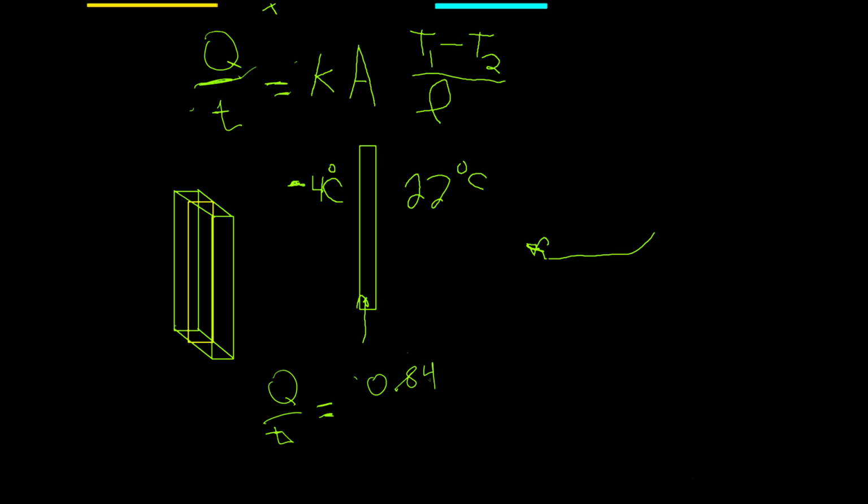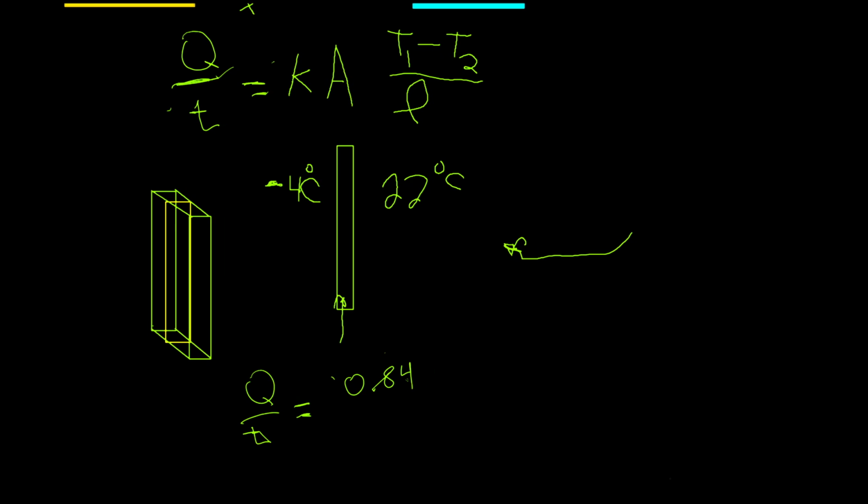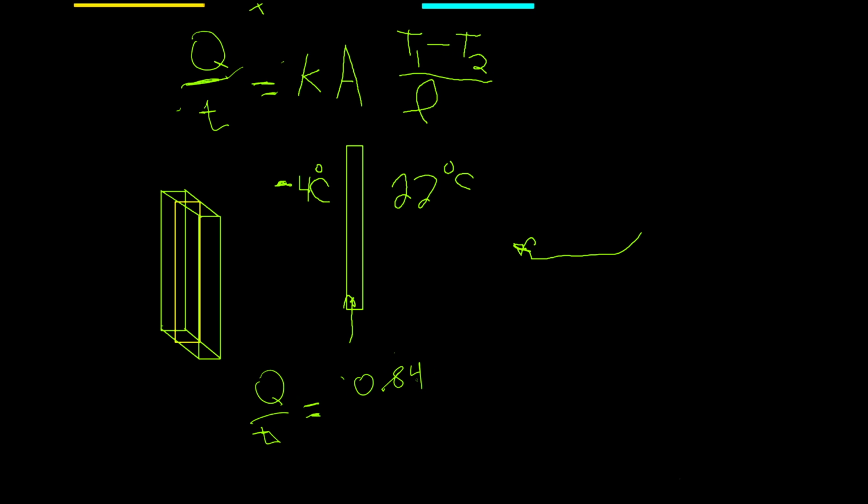The K constant is 0.84 joules per second meter Celsius. Oh, these K constants have weird units: joules per second meter Celsius degree. And then the cross-sectional area of the window.